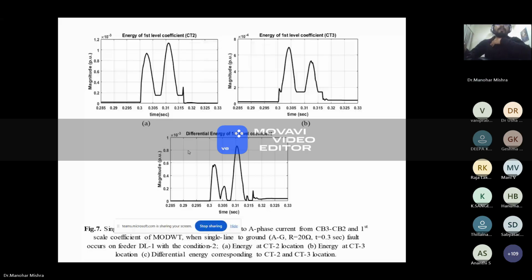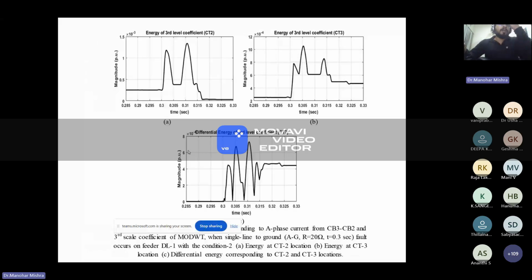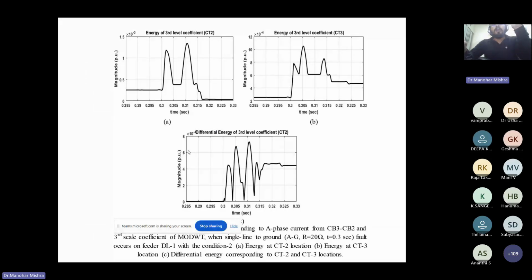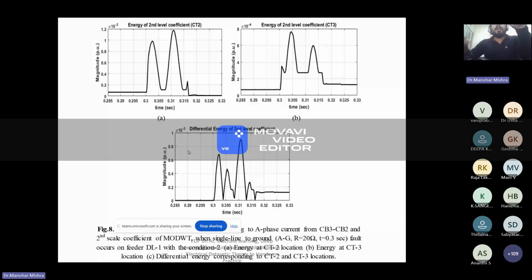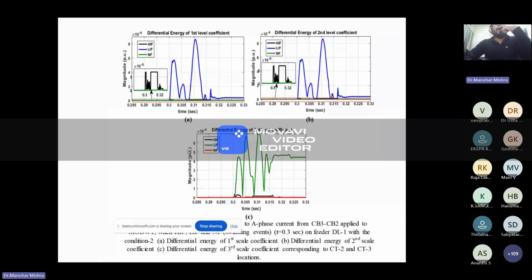Then for the third level, this is the energy value of C2 and C3, and we see the difference. This is the second level coefficient, where we also calculate the difference like this. Here we can see whether it is a high impedance fault, low impedance fault, or no fault condition.